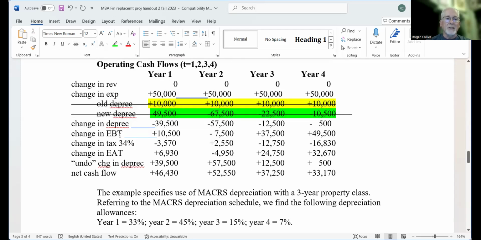Okay, that brings us to the change in EBT. That's just the sum of the change in revenue, change in expense, change in depreciation. Right, next step is the taxes. The tax is 34%. 34% of what? Well, of the EBT directly above it.